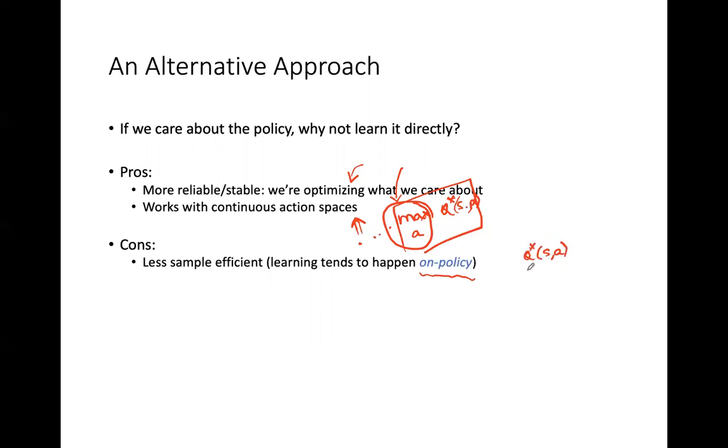Because the Q function doesn't really depend on the policy my agent is following at any given time. Because the Q function is mainly concerned with figuring out what value to attach to the state action pair, right? It's independent of my agent's overall policy. My policy can do whatever it wants. That has no bearing on how to value an action in a given state.